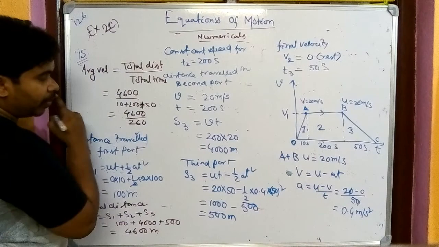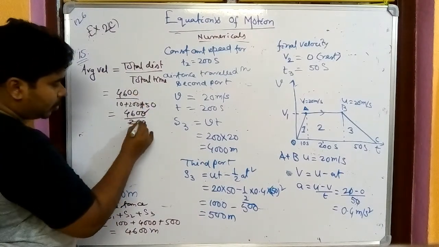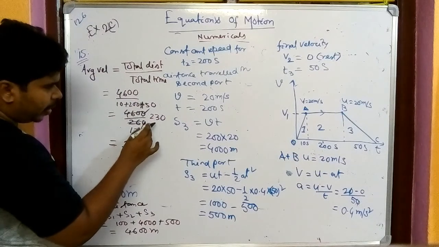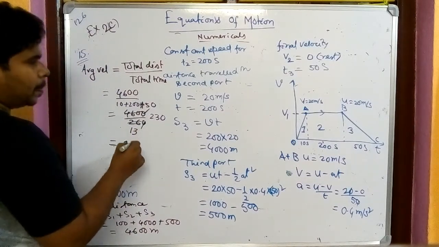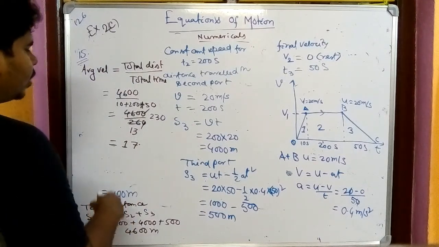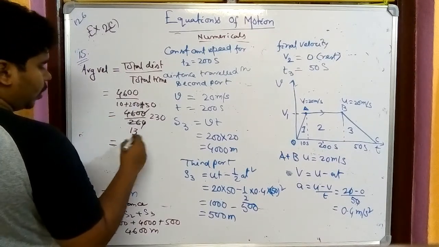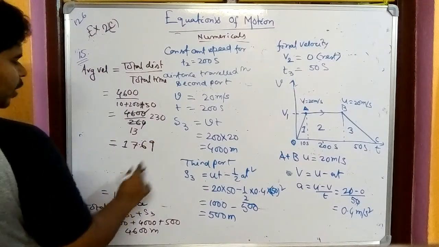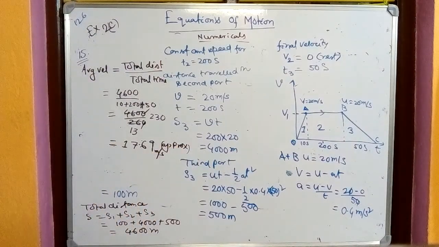4600 by 260. Calculate it. The 0s will be cancelled out, 460 by 26. 13 ones are 13, 13 sevens are 91, 13 sixes are 78, and it will not complete, it's approximate. So it is 17.69 meter per second.